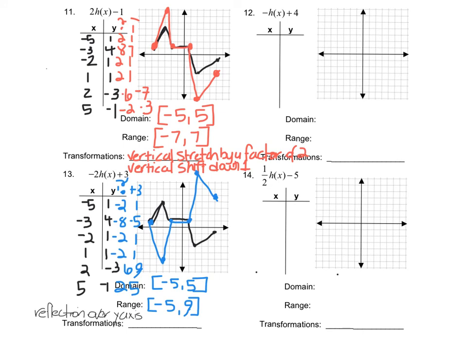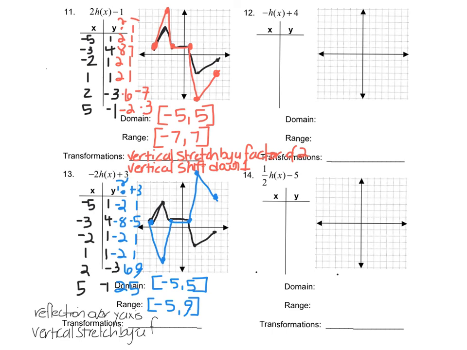I also know that I did this transformation. I stretched it by a factor of 2. Okay, the negative I know is the reflection, so the 2 is the stretch factor. So this is a vertical stretch by a factor of 2.